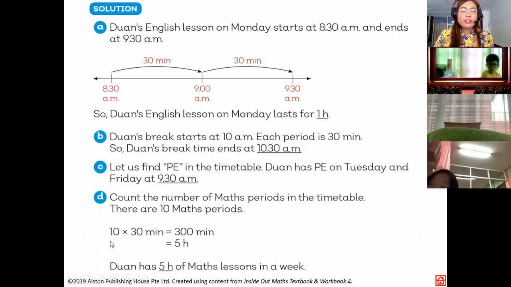So look at the solution. 10 times 30 minutes. That's 300 minutes. And how many hours in 300 minutes? So that's 5 hours. Again, so 10 math lessons, and each lesson has 30 minutes duration.